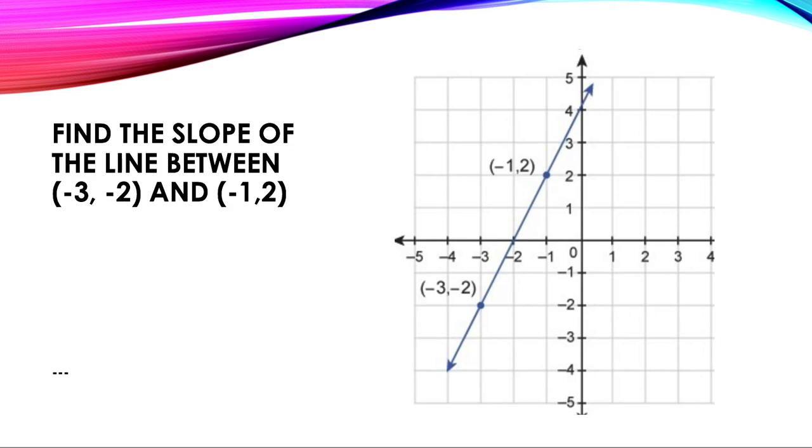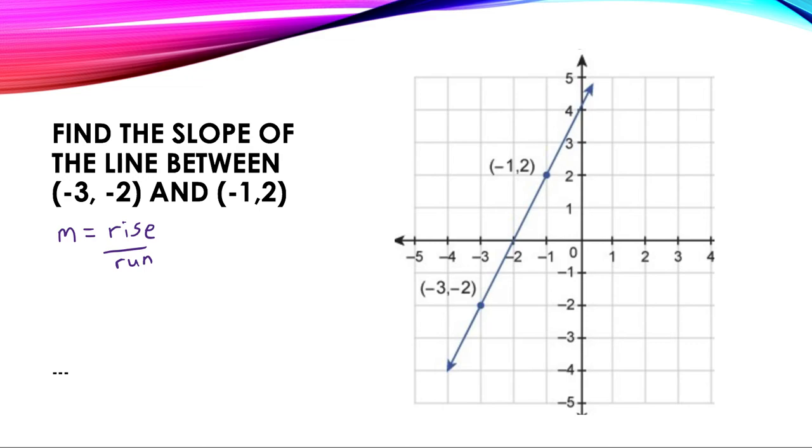All right, we're going to try one more. We're going to do it the same way. We're going to look at rise over run, and then we're going to look at the formula. All right, so for rise over run, remember that you're going to pick a point and use that as your starting point. It doesn't really matter which point you pick. This time, just for the sake of doing it differently, I'm going to start with the point (-1, 2), right?